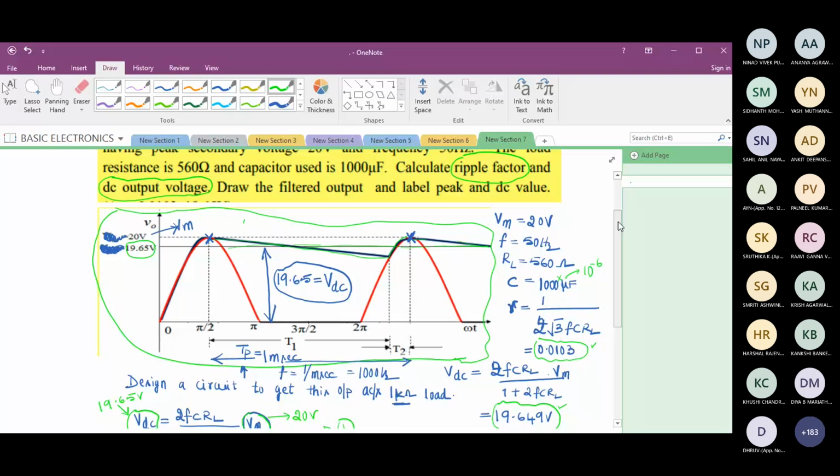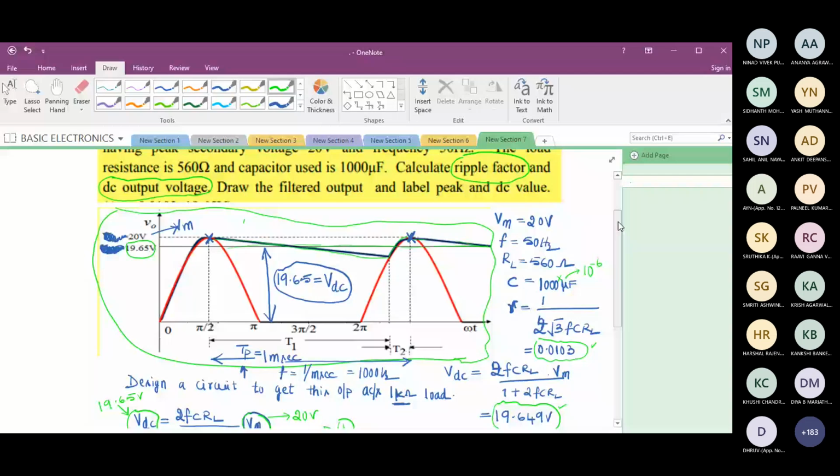Even I didn't derive this, because we are going to waste time if we start deriving. It's not there in your syllabus also. Even the design part of the circuit is not there in the syllabus. Just to make you feel how we design a circuit, I took this example.